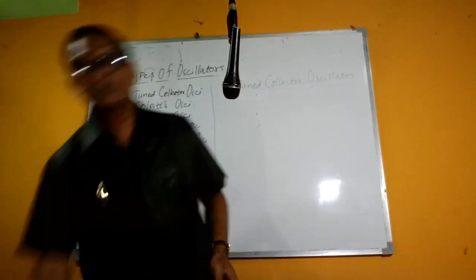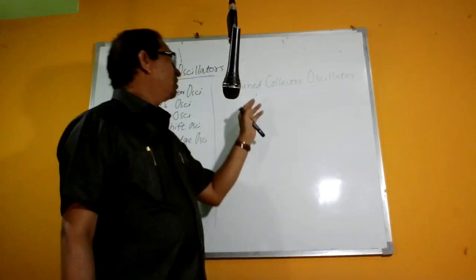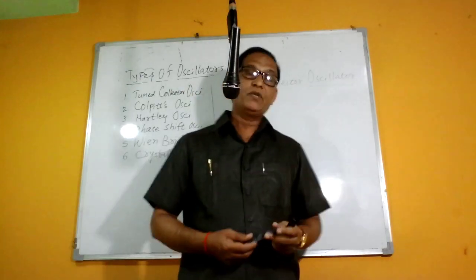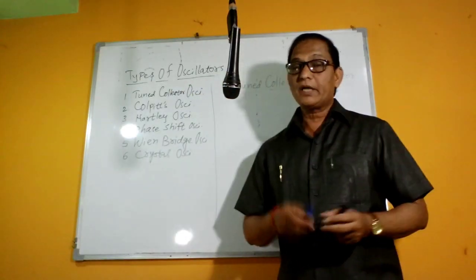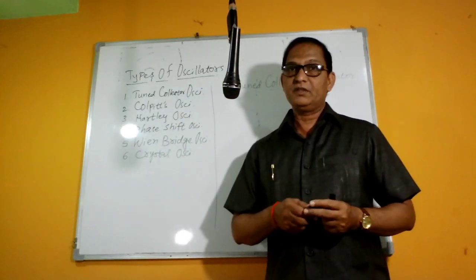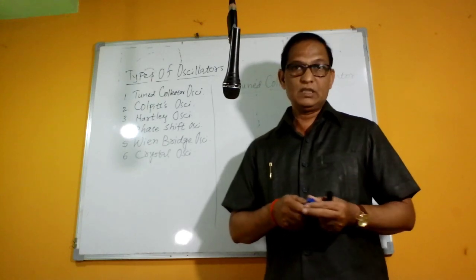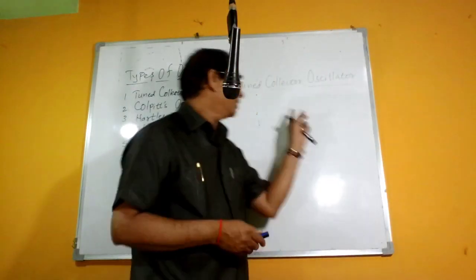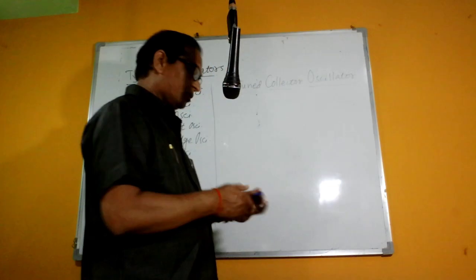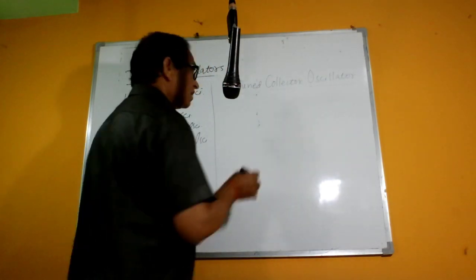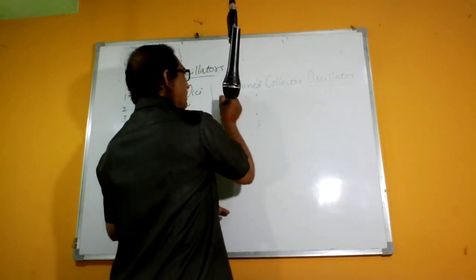It is called tuned collector only because of the tank circuit which is tuned in the collector circuit of the oscillator. Therefore, the name of this oscillator is a tuned collector oscillator. Now we shall see the circuit diagram of this one.